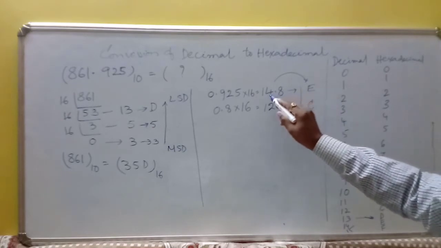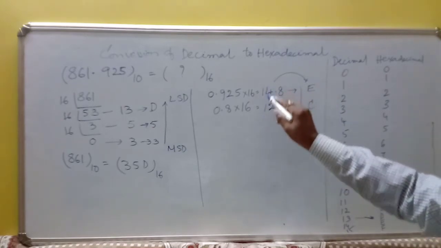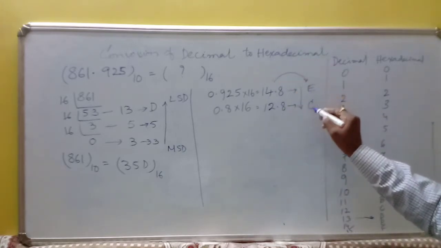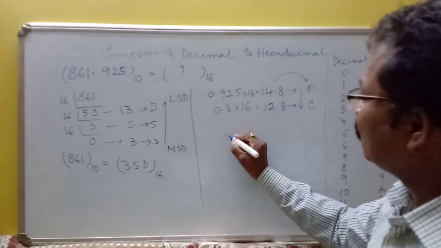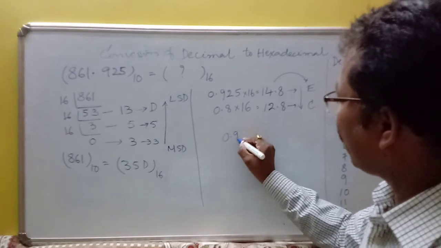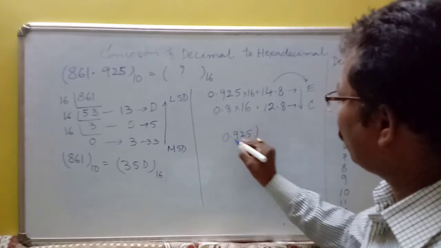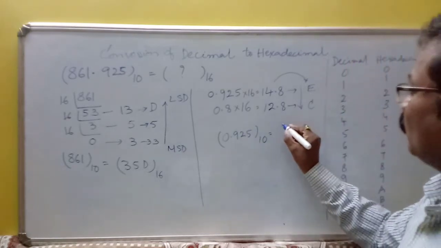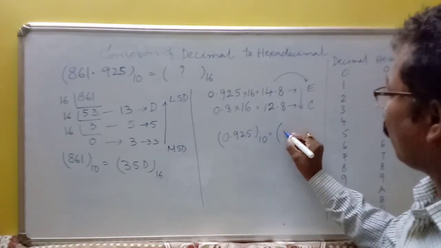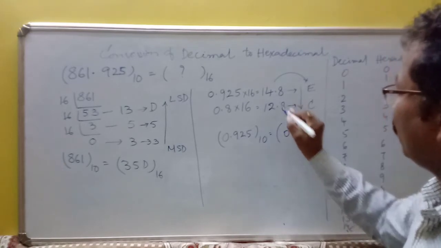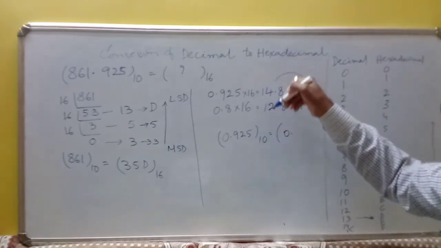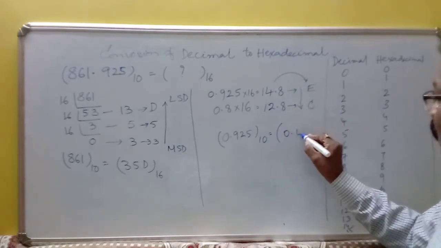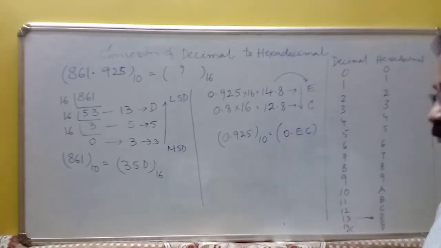So this 14, we are taking the integer parts only from top to bottom. Here this is E and C. So hence 0.925 of base 10 is equal to 0. Take the integers from top to bottom. 14 is equal to E and 12 is equal to C. So that is equal to EC.